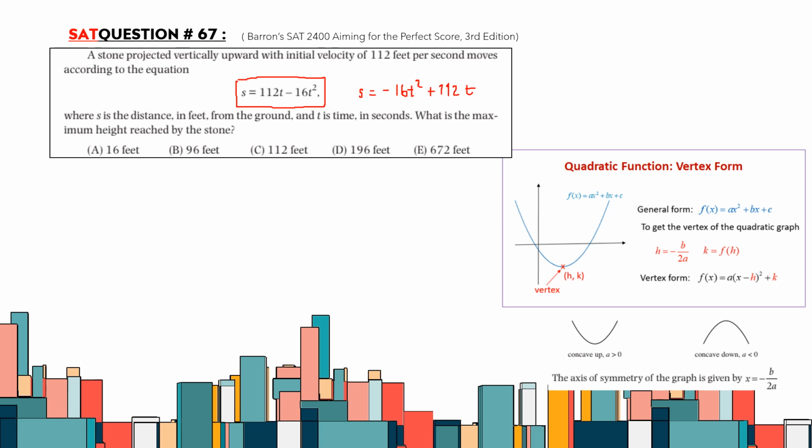And this also looks like our quadratic equation, y equals ax squared plus bx plus c. In this case, s is y, negative 16 is a, t is x, plus 112 is b, and c is 0.